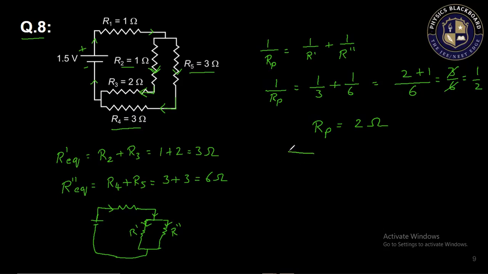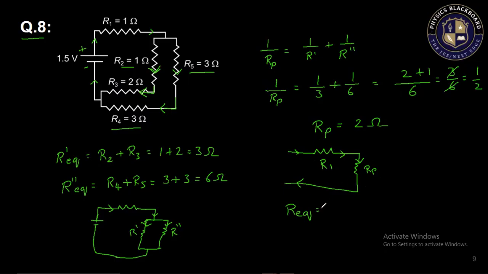So again, if you redraw this, you will get the circuit like this, right? Let's say this is R1 and this is RP. You can see here the current which is passing through R1, the same current is passing through RP. Now you can say that these two are in series connection.